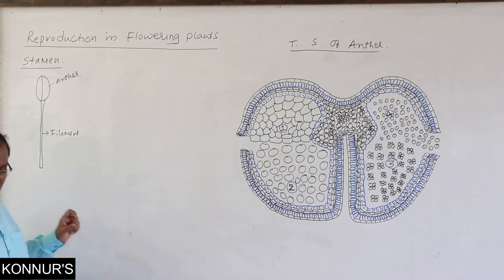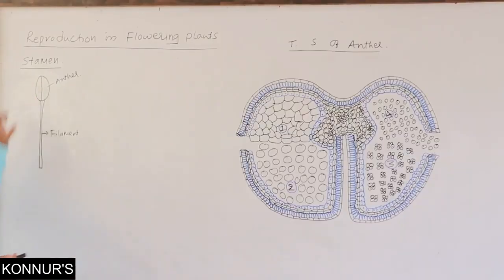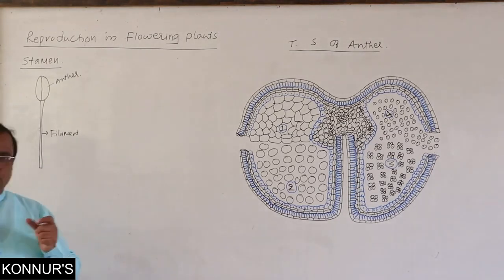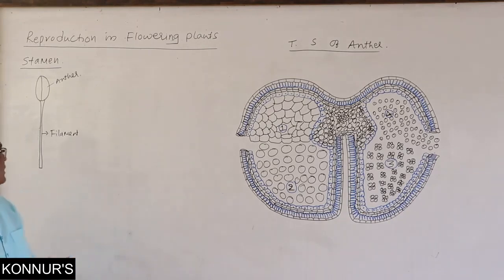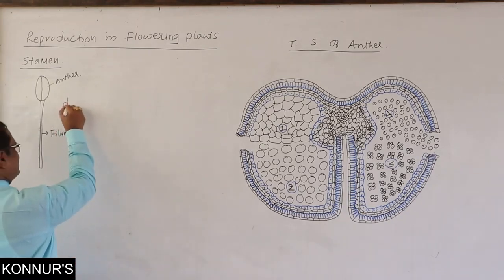As far as the structure of the stamen is concerned, it has two distinct parts, anther and filament. The anther is a bilobed structure, and each lobe has two thecae, which is said to be the dithecous condition.